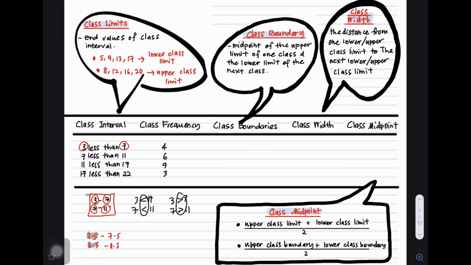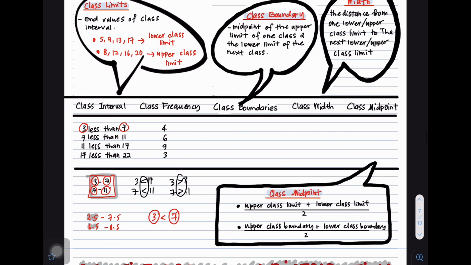Okay, kalau kita dapat dalam form less than or more than, if we said that 3 less than 7, data kita memang dah tak include 3 dengan 7 unless dia guna perkataan less than or equal. But if dia guna hanya perkataan less than, 3 and less than 7 means it's not included in the class interval itself. Therefore, it will be our lower boundary and our upper boundary.